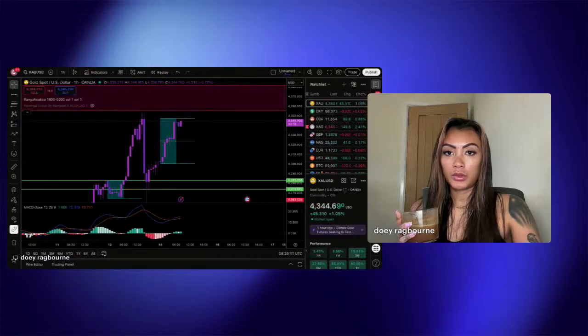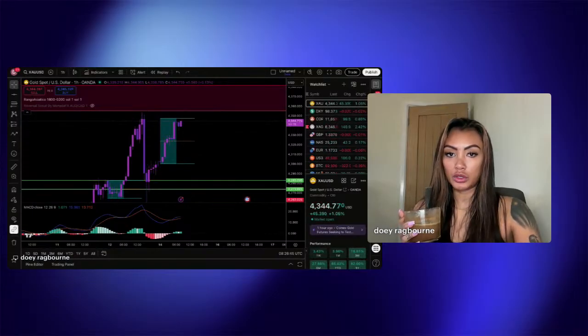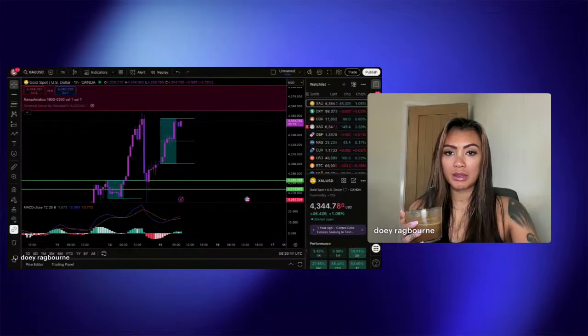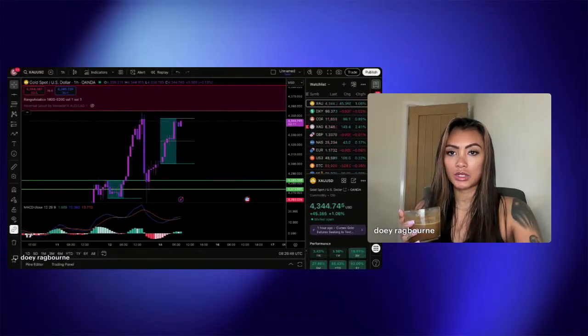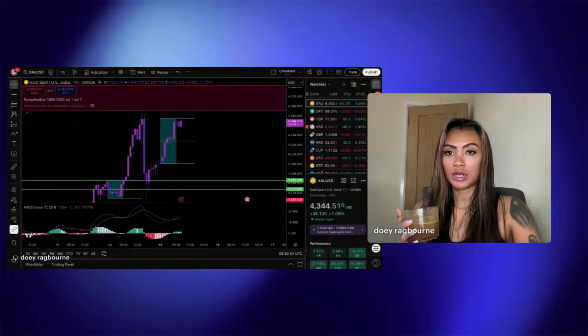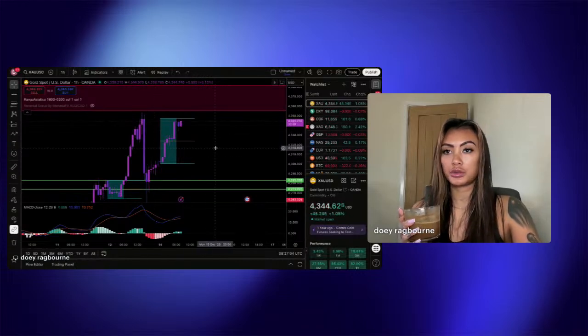So for me, we haven't got any red folder news, but we've got an Empire State Manufacturing Index, which is amber. CPI for the Canadian dollar. And we just got some other speeches going on in America. Nothing too crazy though.